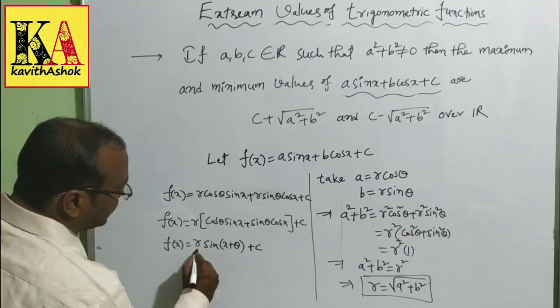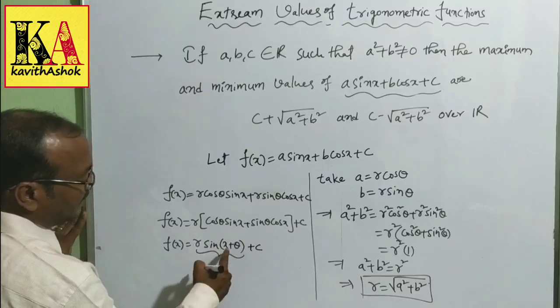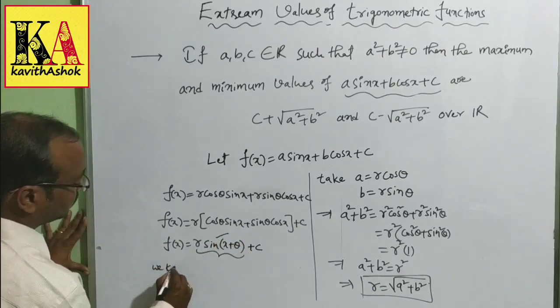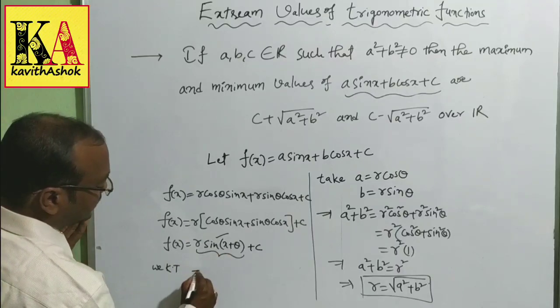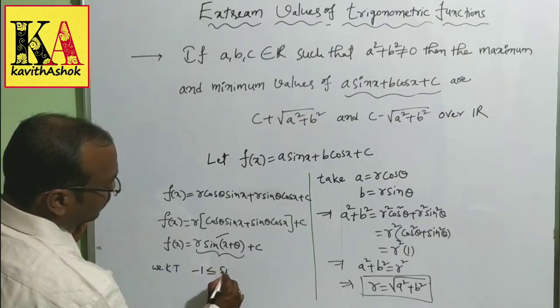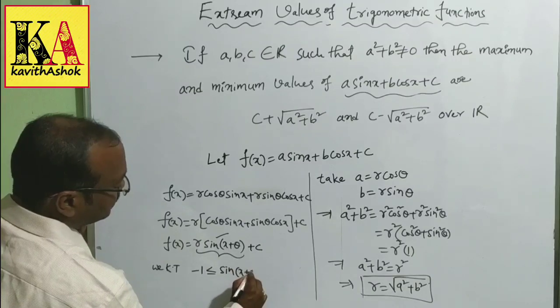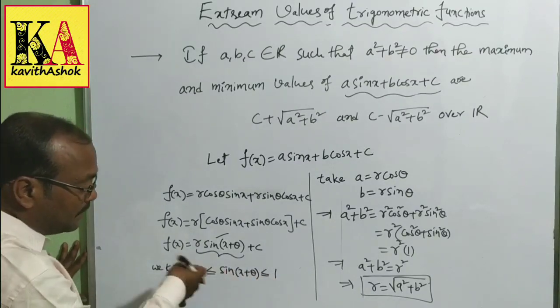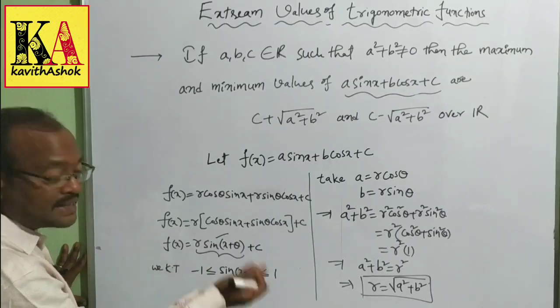Now for this function r sin of x plus theta plus c, we already know that sin of x plus theta lies in between -1 and 1. Why? Because the sin minimum value is -1 and sin maximum value is 1.